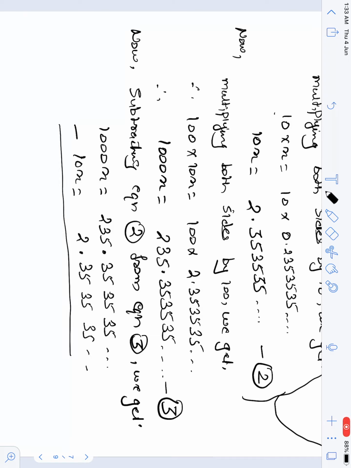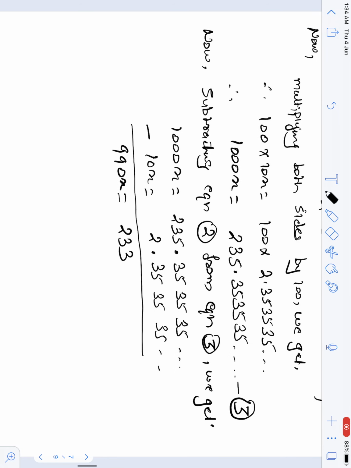Okay, now it can be seen that these numbers are the same to the right of the decimal, so they can be directly cancelled. Now 235 minus 2 is 233, and 1000x minus 10x will become 990x. Therefore we keep only x on one side, so your next number will be 233 upon 990.